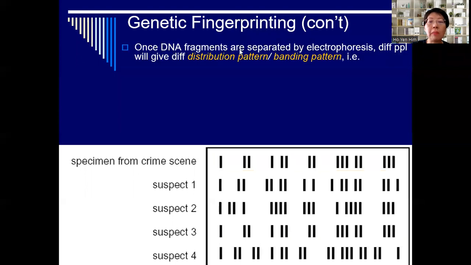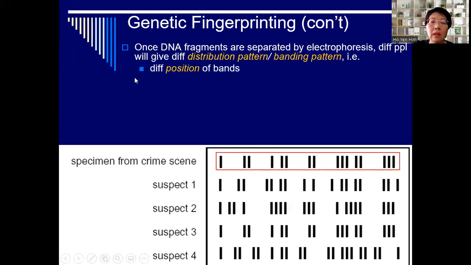Once the DNA fragments are separated by gel electrophoresis, different people will give different distribution patterns, or banding patterns. Different banding patterns mean the positions of the bands are different and the number of bands is also different.